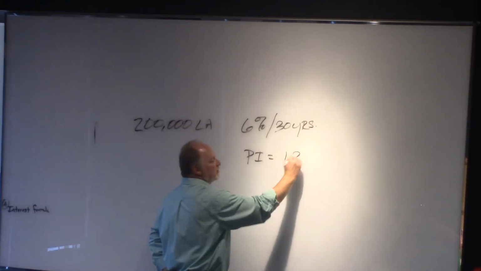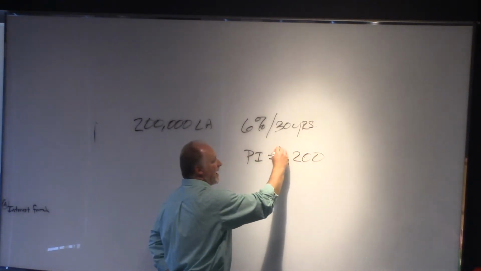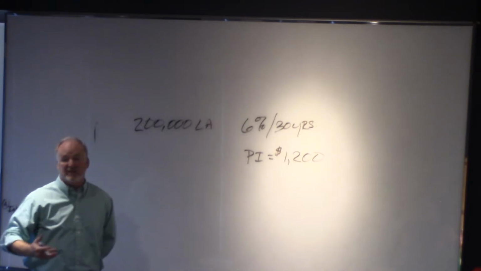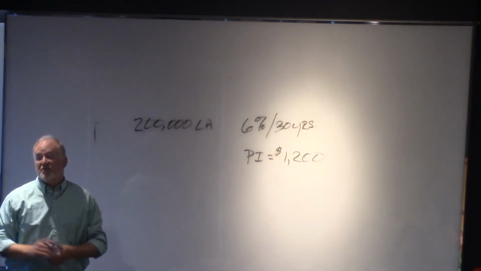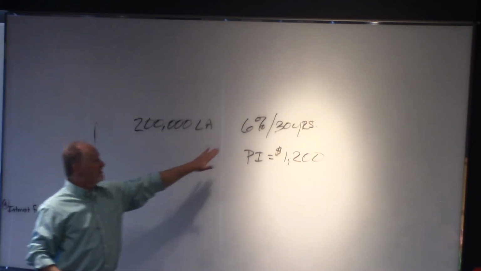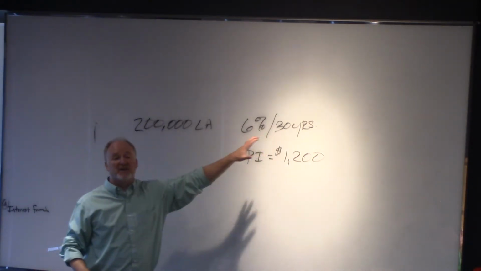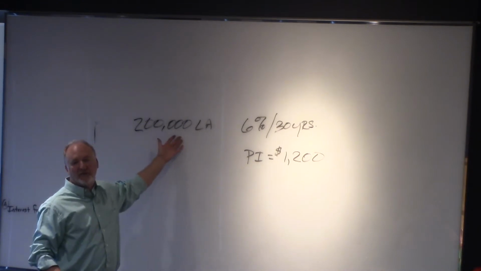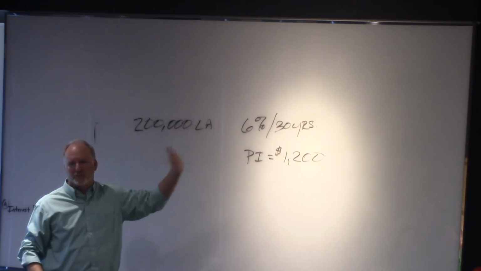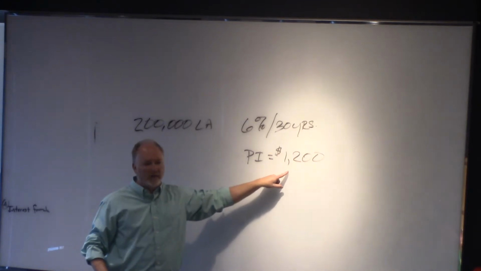These are the same numbers we used just a couple of problems back. They just happen to be very easy to work with when I'm giving examples, okay? If you wanted to check me on this, you could look and see at 6%, 30 years, the amortization factor is 6. 200,000 divided by 1,000 is 200 times 6 would be 1,200. That's where I got that from.